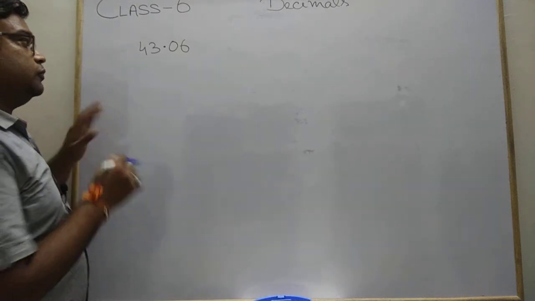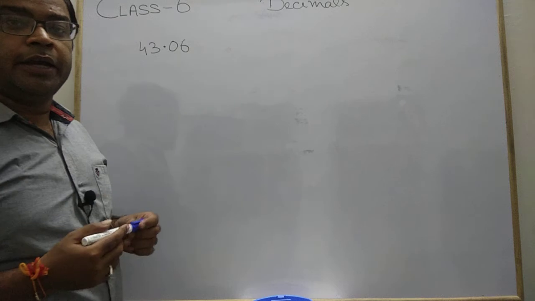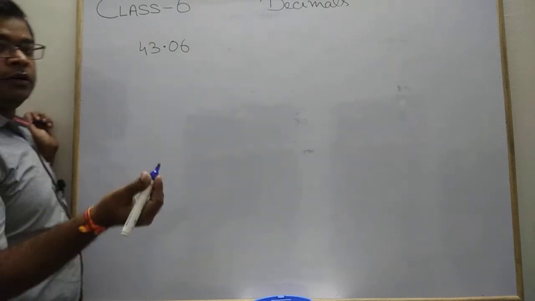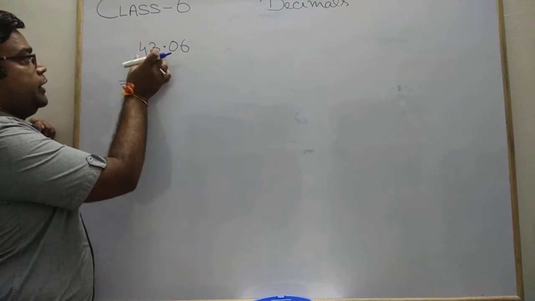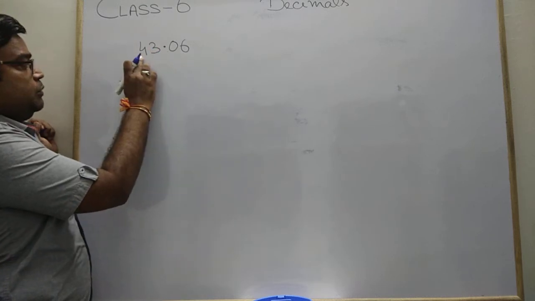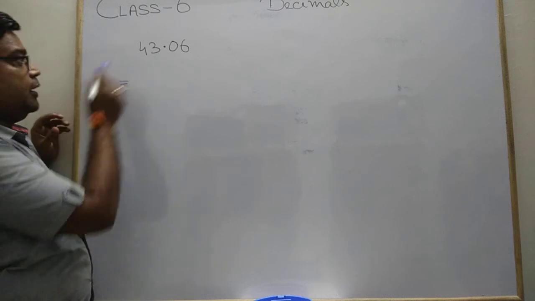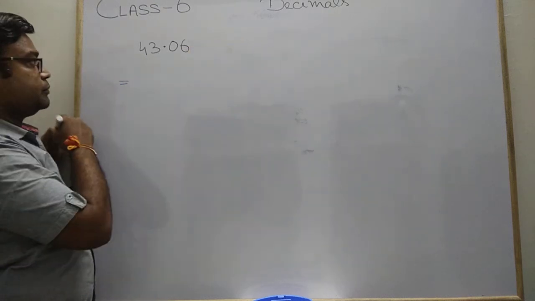We discussed this in the last video, decimals part 1. Once again I am reminding you: this is your ones place, this is your tens place. We start from the extreme left number and reach up to the extreme right number.